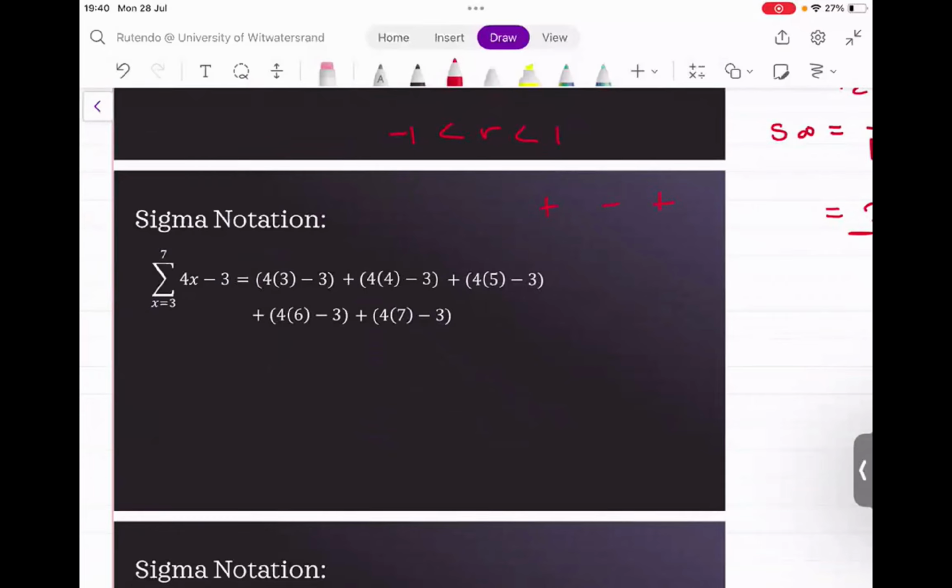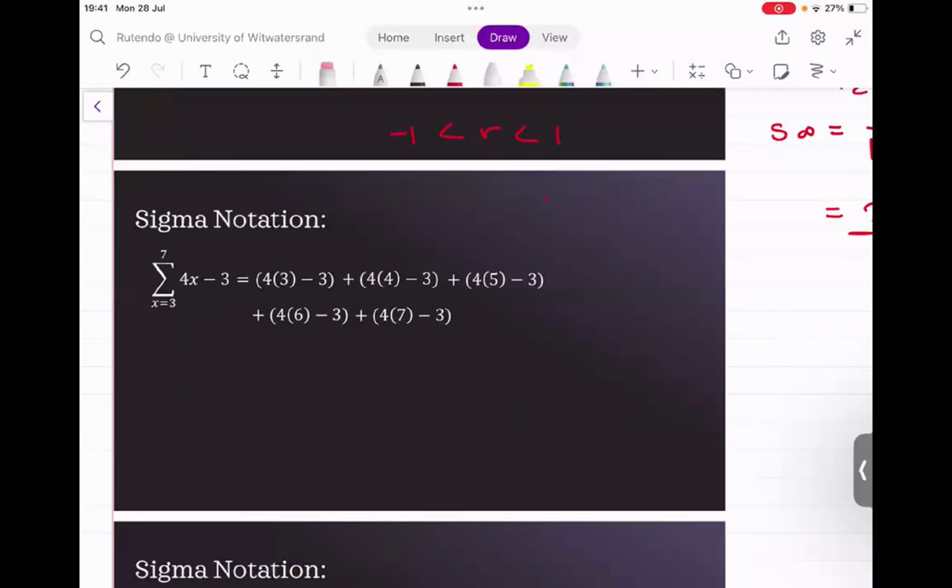Say you have a big series, so many numbers that you're adding up, and you really don't want to write out the whole series and end up getting confused. So you can use sigma notation to represent what you want to say.